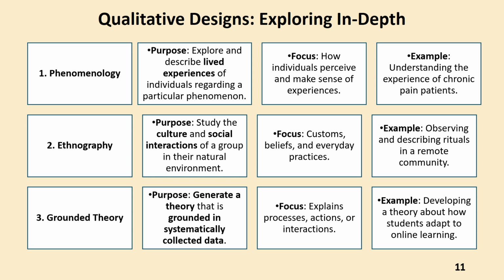So, let us discuss all this one by one. First is phenomenology. What is the purpose of this kind of design? Explore and describe lived experiences of individuals regarding a particular phenomenon. Focus: how individuals perceive and make sense of experience. Example: understanding the experiences of chronic pain patients.